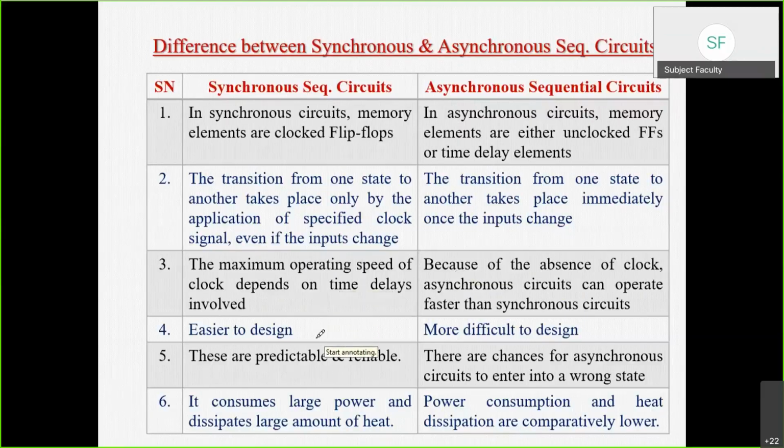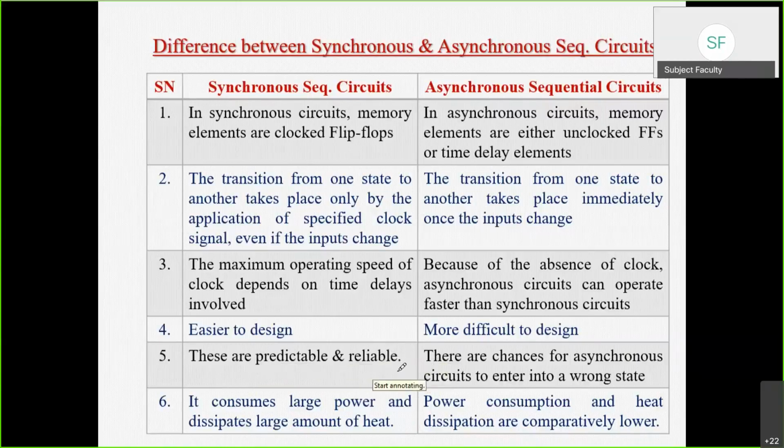Then the fourth point is about design. Synchronous circuits are quite easier to design, whereas asynchronous circuits are more difficult to design. Then the fifth one: since the activities in synchronous sequential circuits happen in a synchronous way, they are quite predictable and reliable.